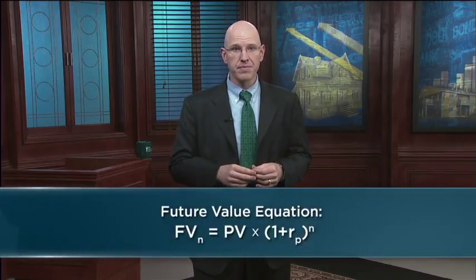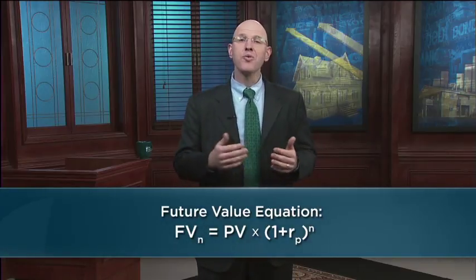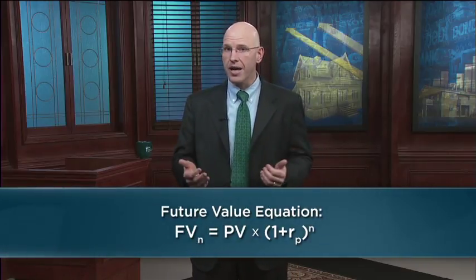This compounding calculation is called the future value calculation. Future value is the value of an investment or a debt at a future date n periods from now. If I know the periodic rate of return on an investment, I can forecast what its future value is by applying this compounding formula. The formula says that FV of n is equal to PV times the quantity 1 plus RP raised to the n.